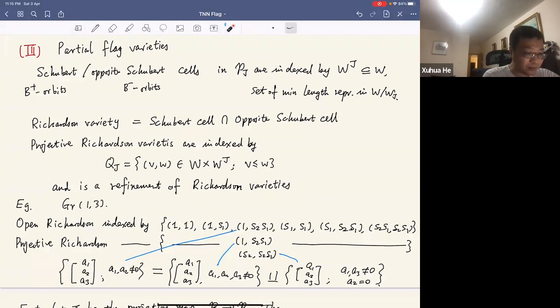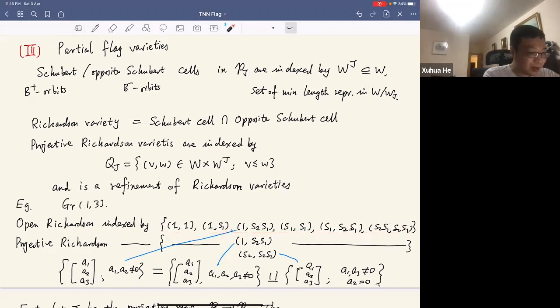So we have 1, 2, 3, 4, 5, 6. We have six of them. And the projective ones are indexed by Q lower J. So if you list them, we have 7 of them. So we have the exact 6, the same as above.